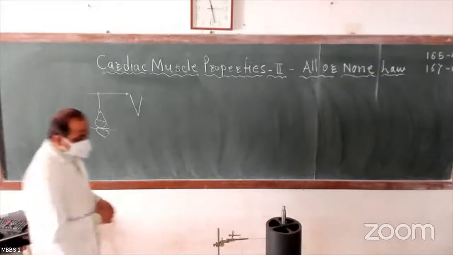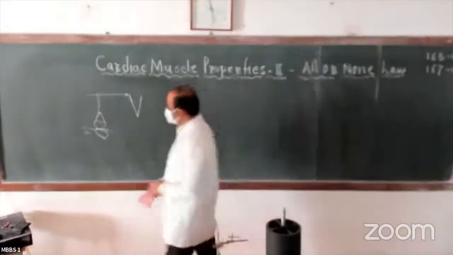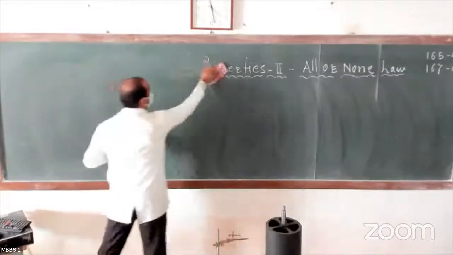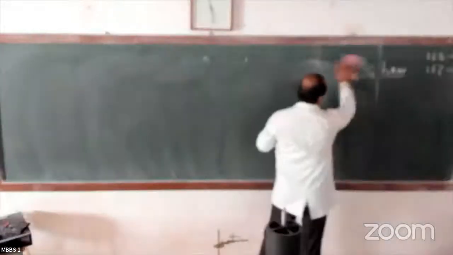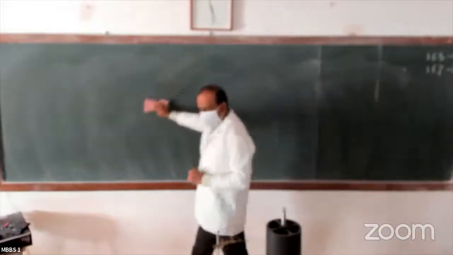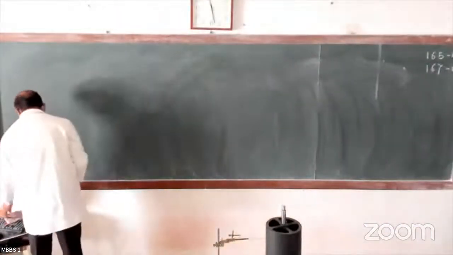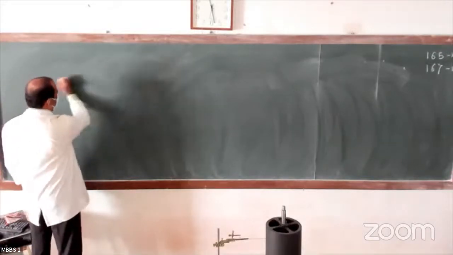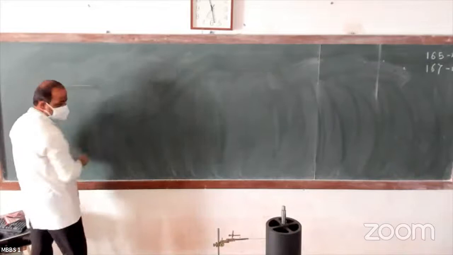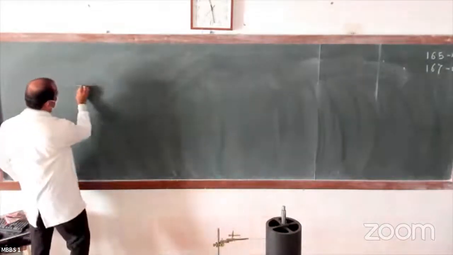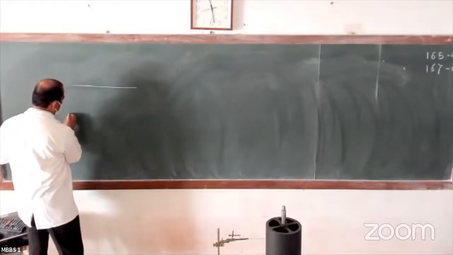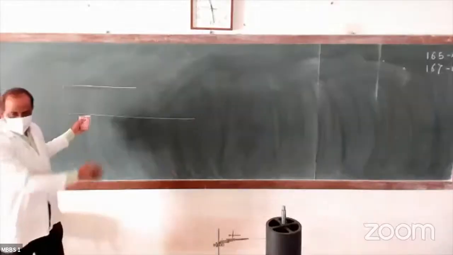So for that purpose, what we will do, as we have seen in the case of the cardiac muscle and skeletal muscle, first we have understood what the downstroke is. Downstroke means the systole of the heart. So what we do, first we will... this is actually the distance between the primary and the secondary coil.